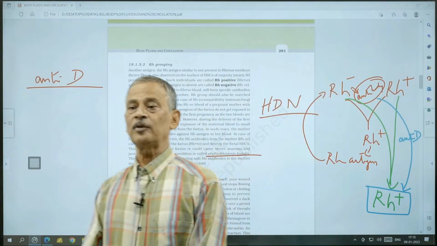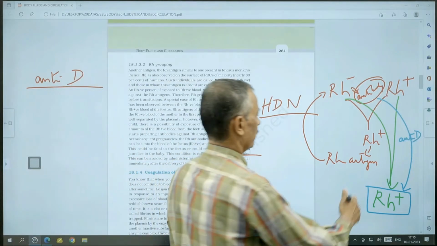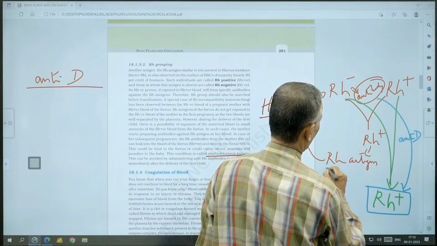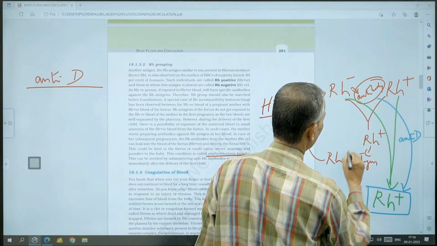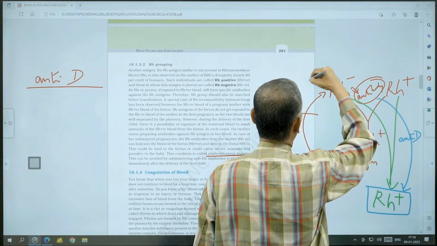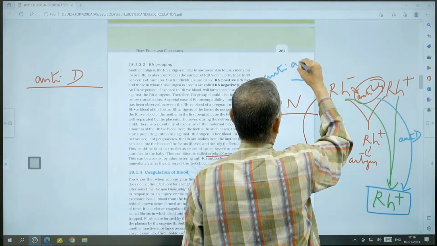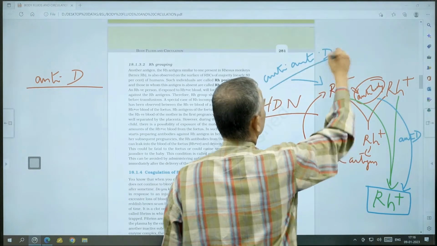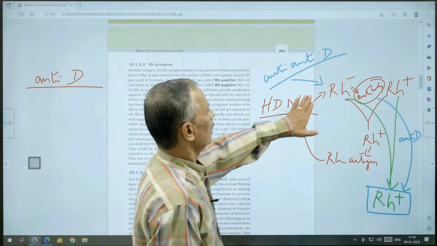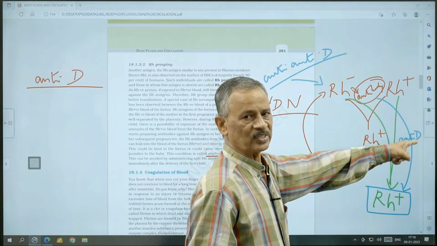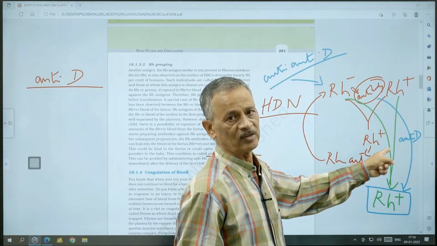So how can it be prevented? Immediately after the first delivery, if the first baby is confirmed to be RH positive, give the mother anti-D so that mother will not produce this anti-D. That will be suppressing the formation of antibodies in the mother.